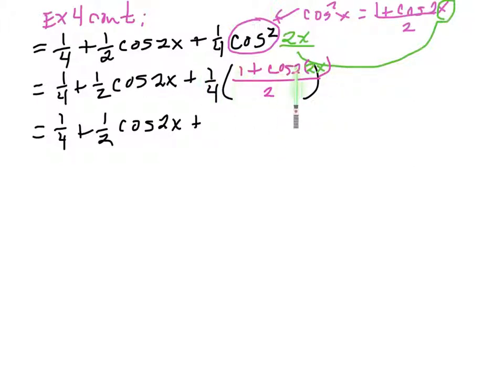So 1 times all of this doesn't change, but what does the 2 times 2x become? 4x. So I get in my numerator 1 plus the cosine of 4x all over, so the 4 is the big part that changed, and then what's 4 times 2? 8.